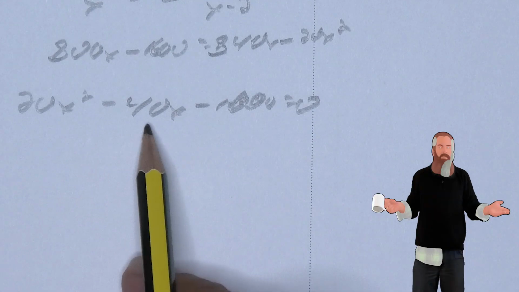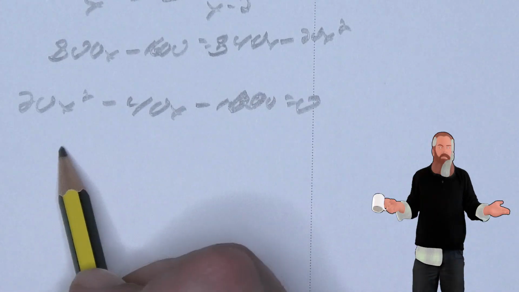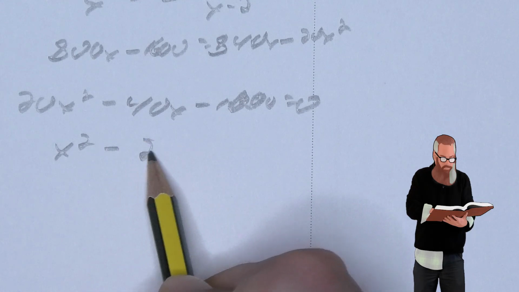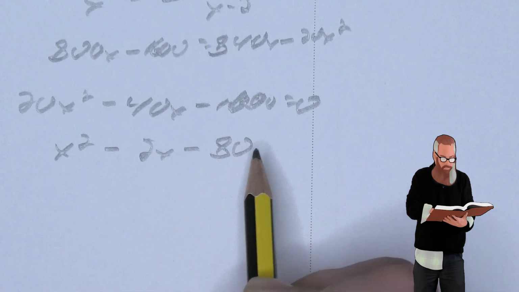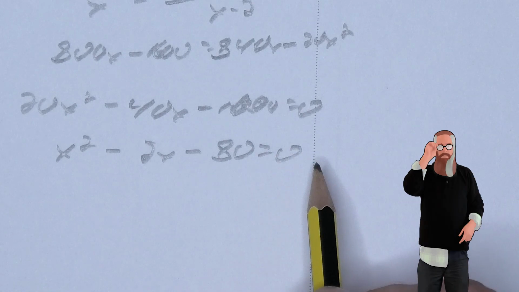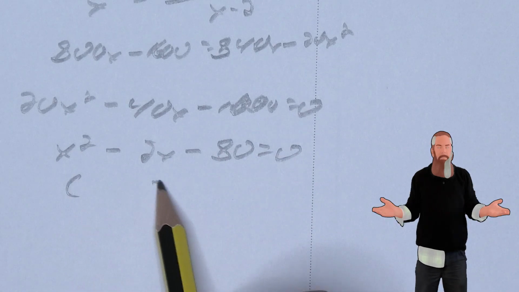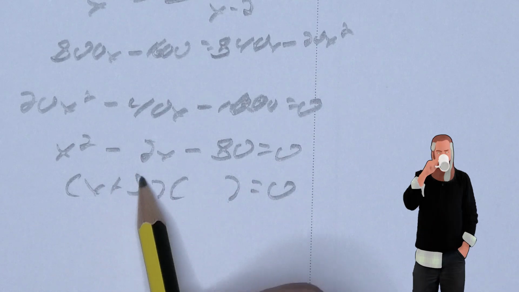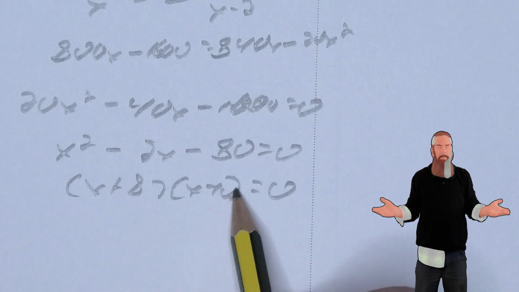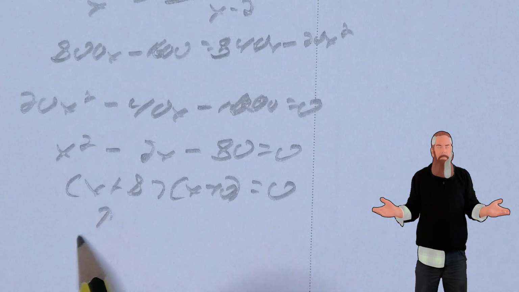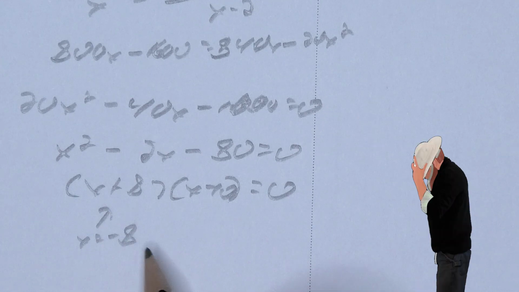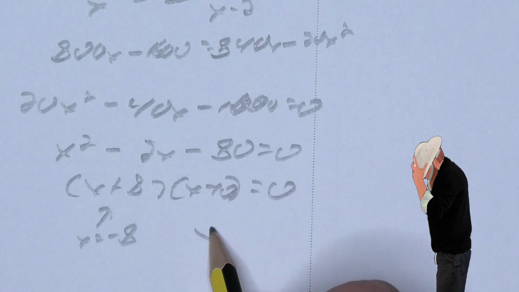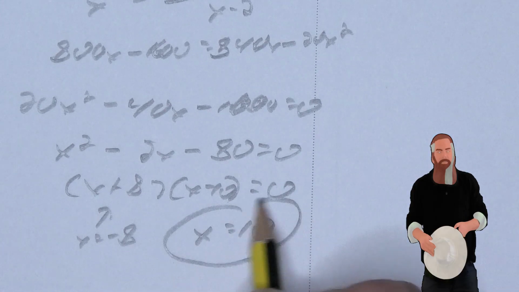If I divide everything by 20, because it's a nice number to get rid of, I get x squared minus 2x minus 80 is equal to 0. So we can say that this would be both its factors of x plus 8 and x minus 10. Now this means that x is equal to negative 8, and a negative 8 won't work. It's a negative number. So x is equal to 10 friends.